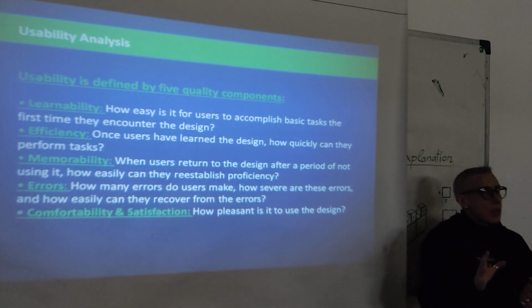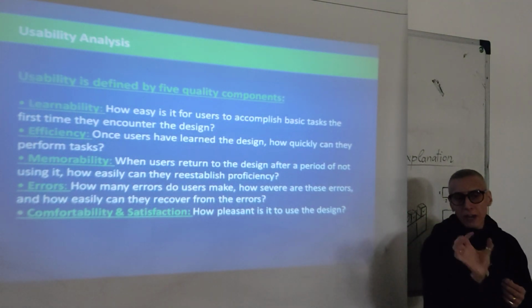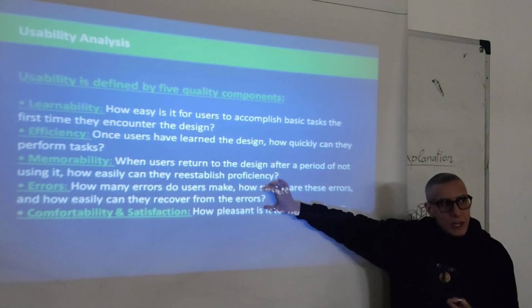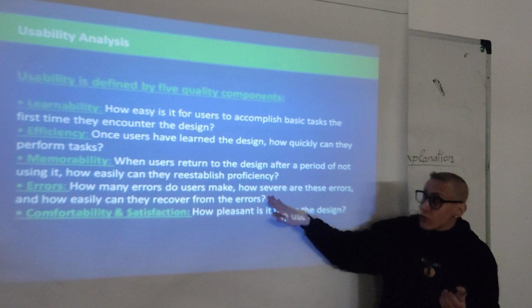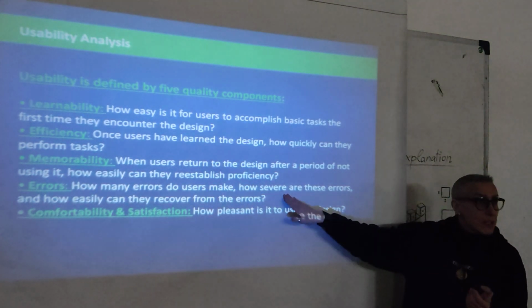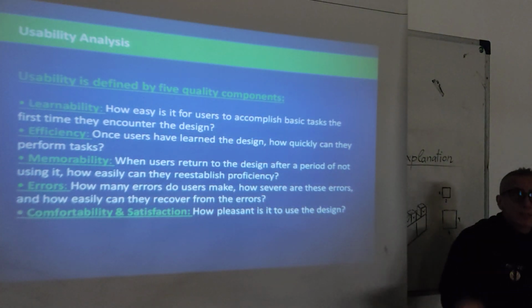When we say errors, it's a general term. So to define whether this design has a problem in this area, we need to ask ourselves all these questions. How many mistakes do users make? How severe are they? If they make mistakes, can they recover from them or not?